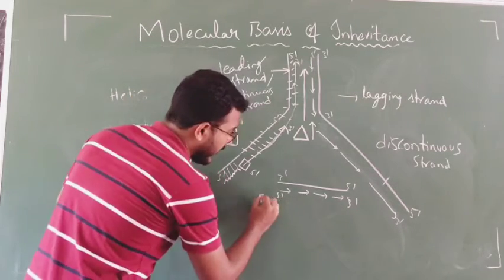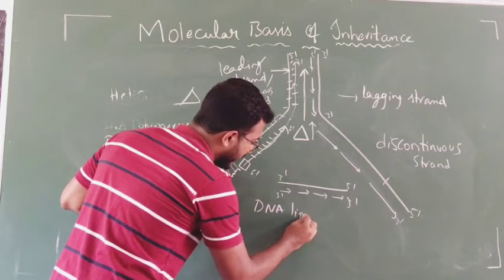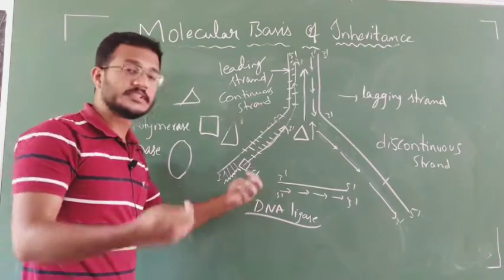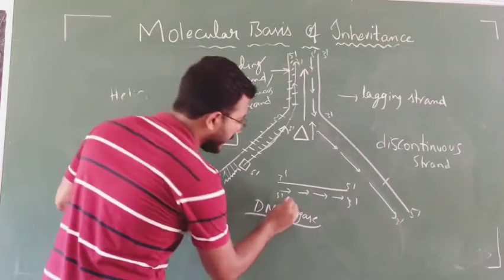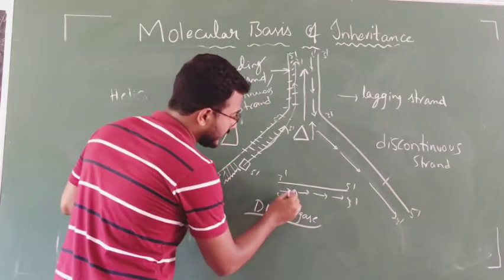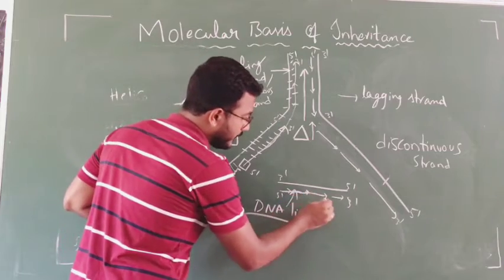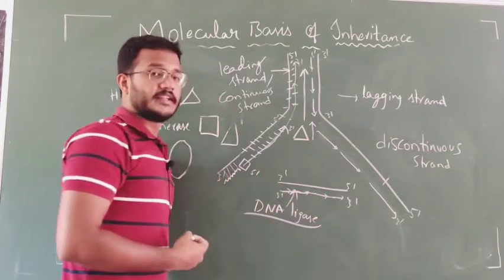See here, another specialized enzyme, that is DNA ligase, will come. Ligase means binding, helpful for binding. So that will come here and act here. As a result, these two strands will be bound, like this, later on, not at the initial step.